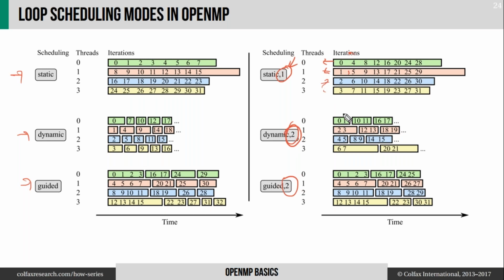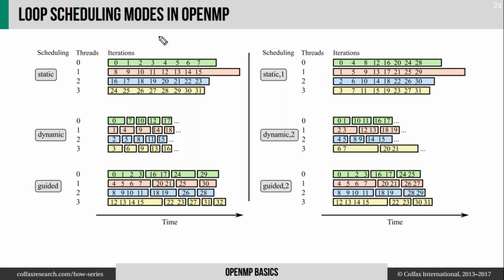In dynamic mode, the chunk size is the minimal number of iterations that you assign to every thread in every scheduling event. And in guided mode, the chunk size is the minimal size of the chunks towards the end of the calculation.